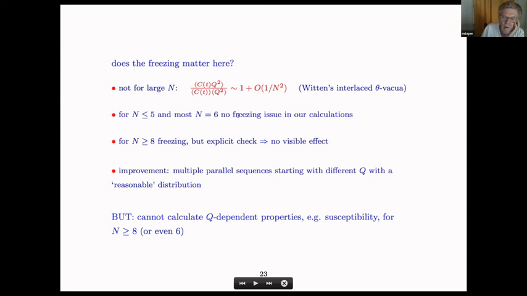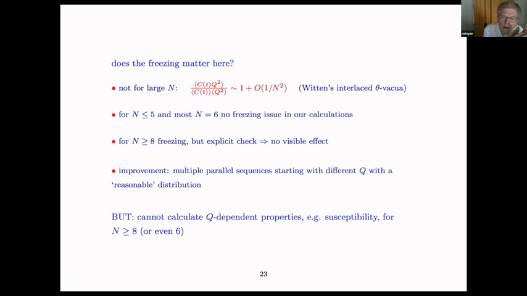Then in SU8, where for n larger than 8 you do have topological freezing, although we expect on theoretical grounds that it shouldn't affect the glueball spectrum, we did check. We did a high statistics calculation where we used configurations which had just 0 topological charge and compared them with configurations with various non-zero topological charges. Obtaining non-zero topological charges was done by starting with fields which have non-zero topological charge, a reasonable range.